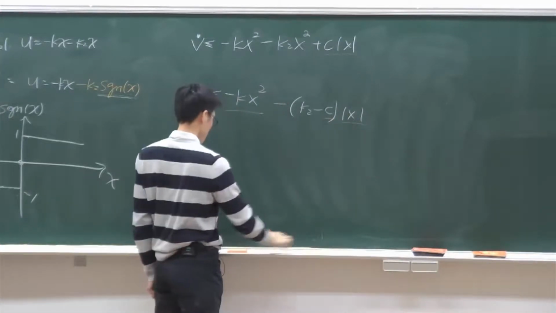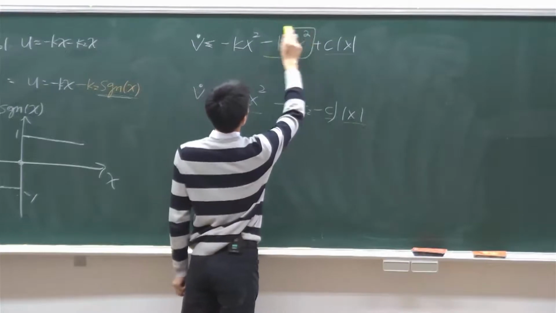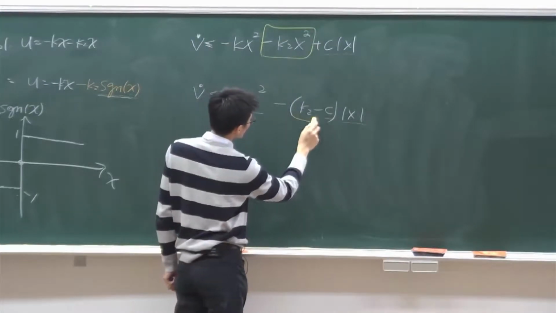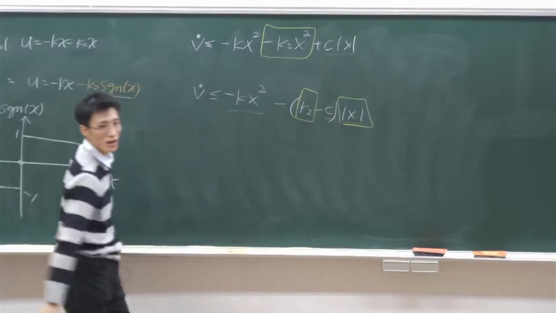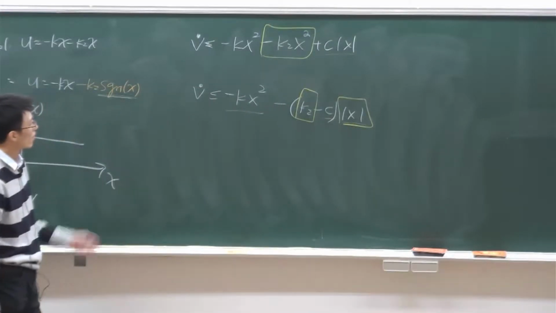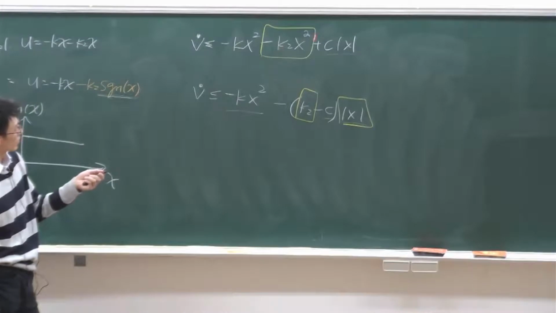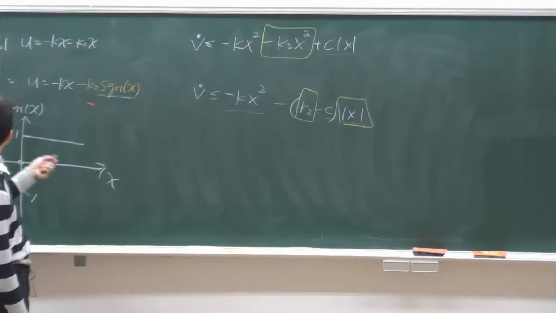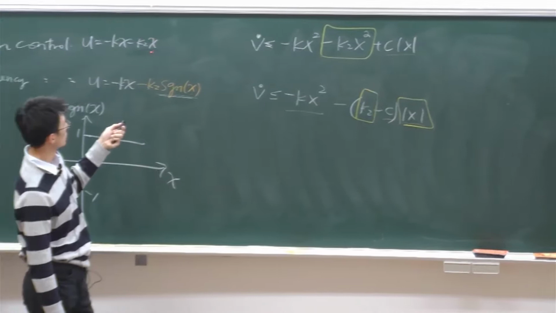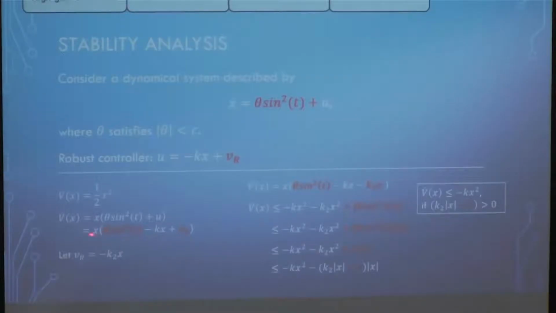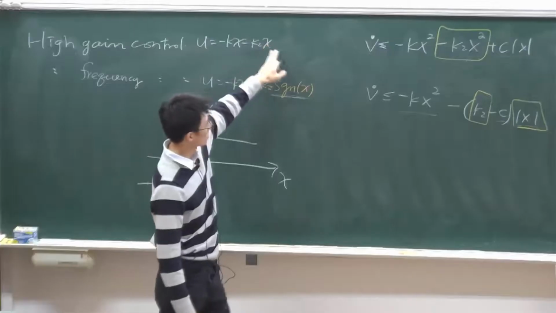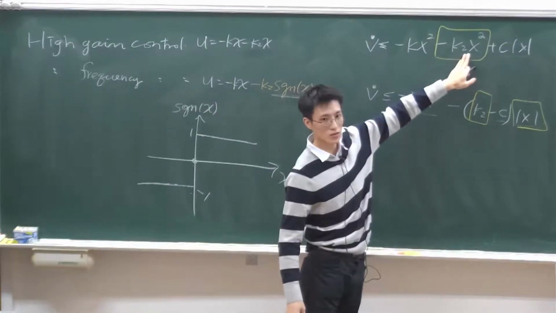The difference is this guy and this guy. Where did it come from? It comes from applying high gain control, and in V there's another X right before the bracket. This X times this X becomes K2X squared.